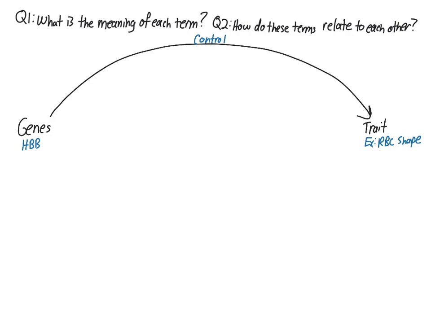Now, of course, genes don't control traits directly because DNA doesn't really itself do much. They control traits through the protein that a gene encodes, or in other words, provides instructions for how to make it.